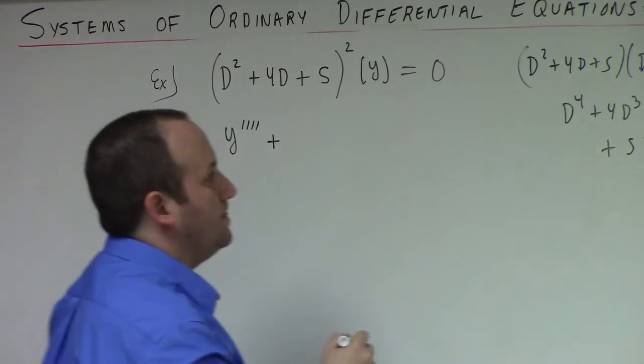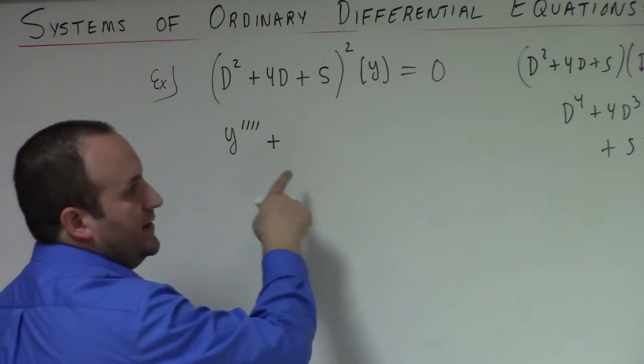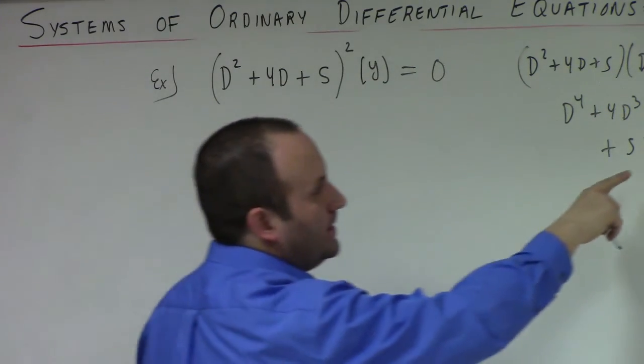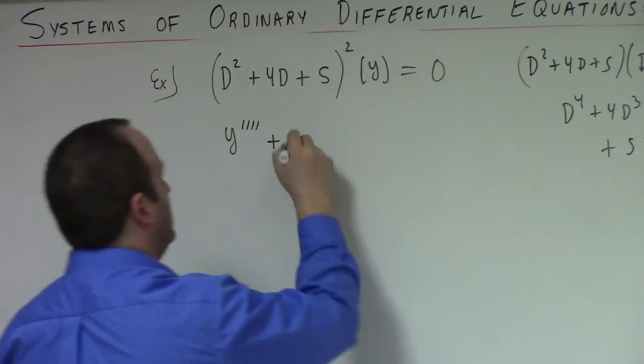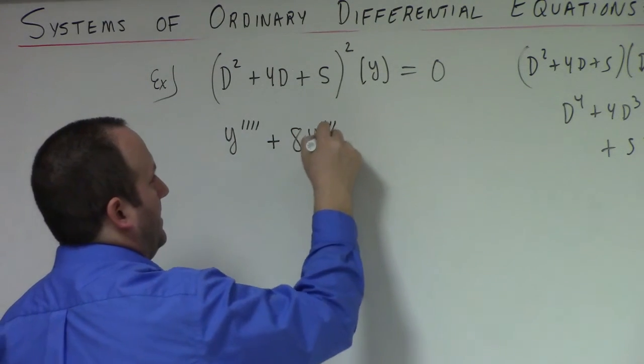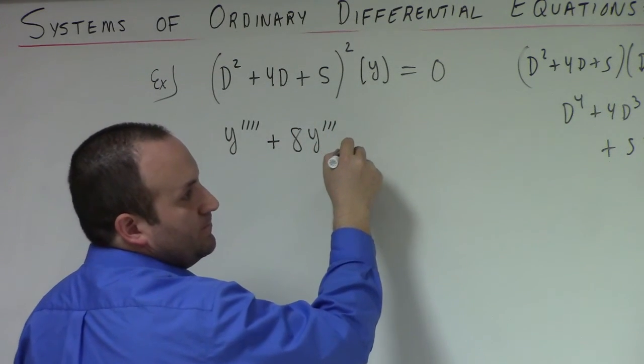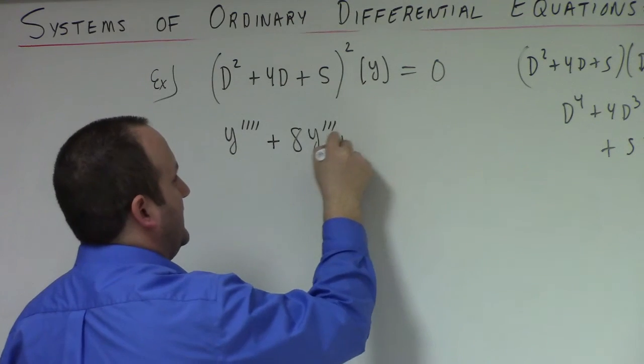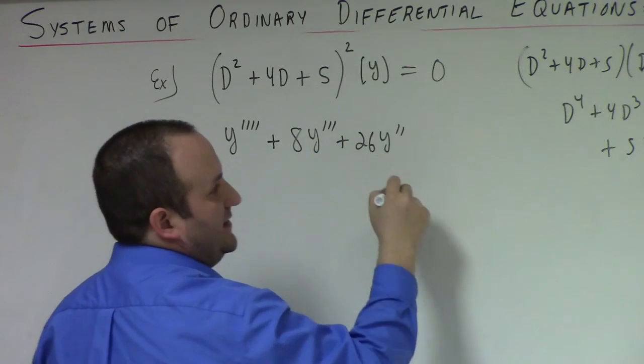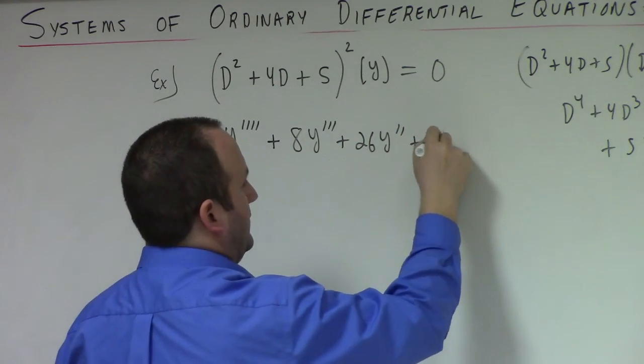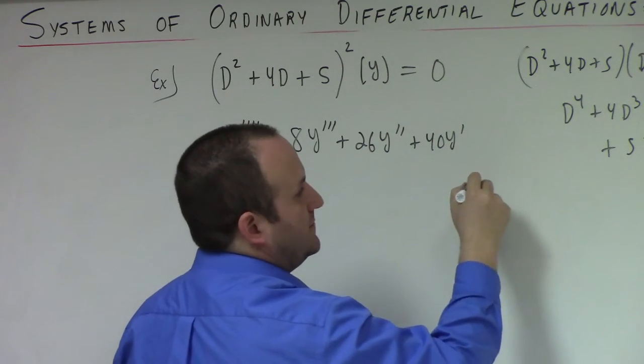What does that give you? We get D to the fourth. How many D cubes? 8. How many D squareds? 26. How many D's? And how many just plain 25?